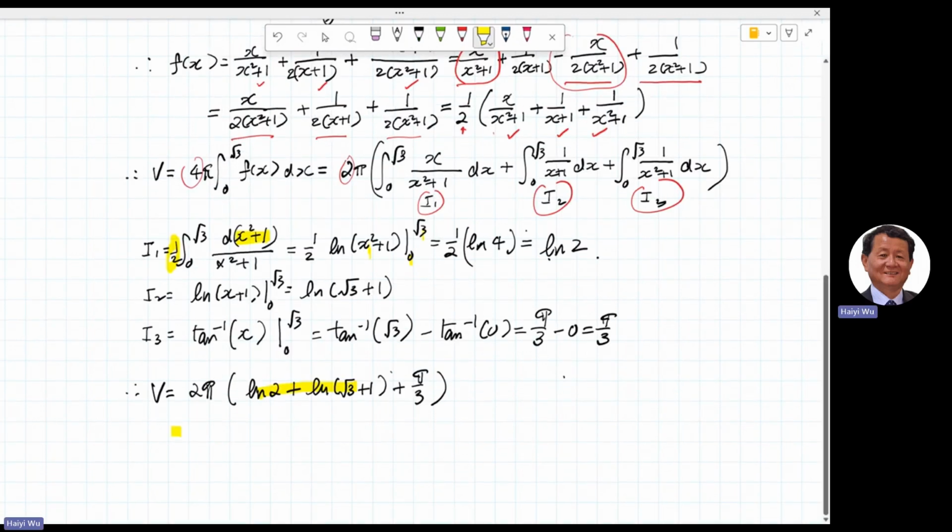So the total answer will be 2 pi times, 2 logs become 1 log, so log of 2 times square root 3 plus 2, plus pi over 3. So that's my answer. Apologies for some coughing.